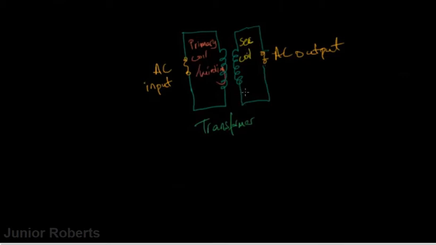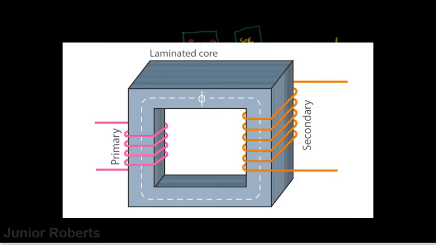With the transformer, by the way, it is winding, because it consists of coils that are wound around a laminated iron core.